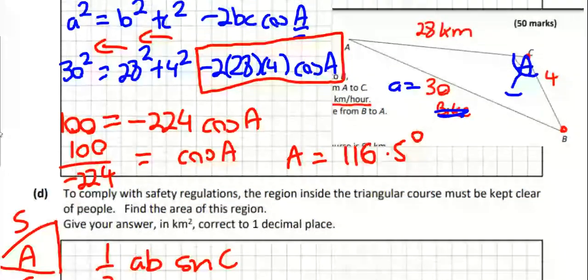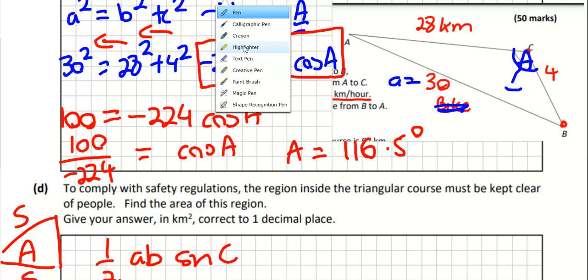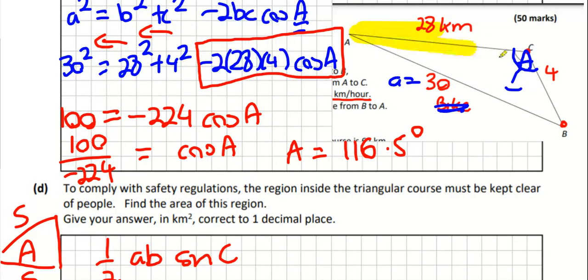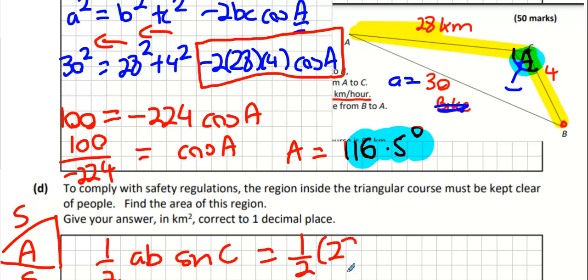So using our information from our last question, we have 28, we have the number 4, and then we know that this angle in between is 116.5. So what we can quite simply do there is just a half times 28 times 4 times sine 116.5.